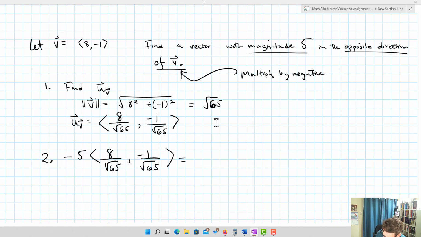And so we're left with negative 40 over root 65, comma, 5 over root 65. So it's pretty much a step-by-step process. If you want to get a vector with a particular magnitude, all you need to do is transform it into a unit vector and then multiply the unit vector by whatever the scalar is. And remember, this thing here is called a scalar.